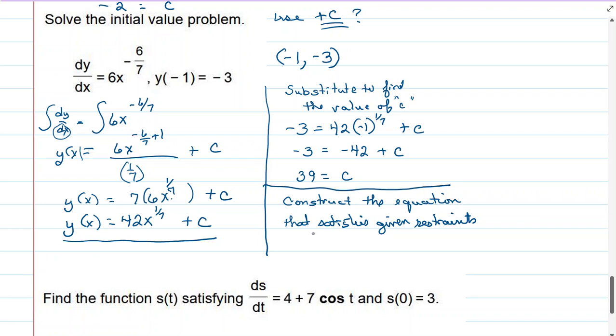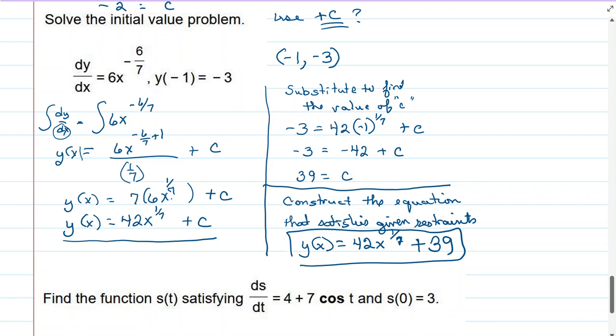So that gives me my function, 42x to the 1/7 plus 39. And you would check using your calculator by dropping it in and making sure I did a good math job. Questions on that? Are we breathing out there?